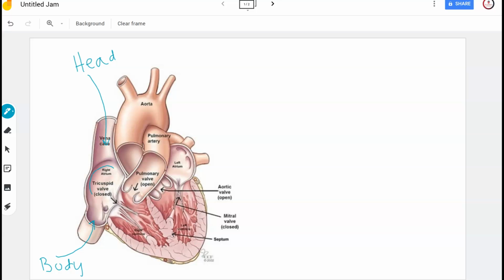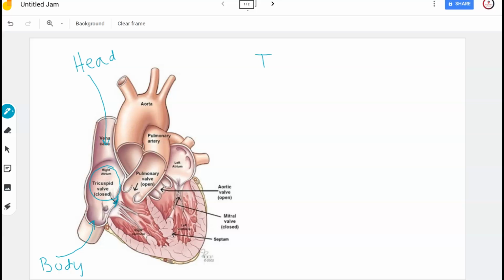Once the blood collects here in the right atrium, it stretches that muscle so that it can contract against it, sort of like when you stretch a rubber band. When it gets to the point where it's full and it's the right part of the electrical rhythm of the heart, the atrium will contract and push blood through the tricuspid valve right here.